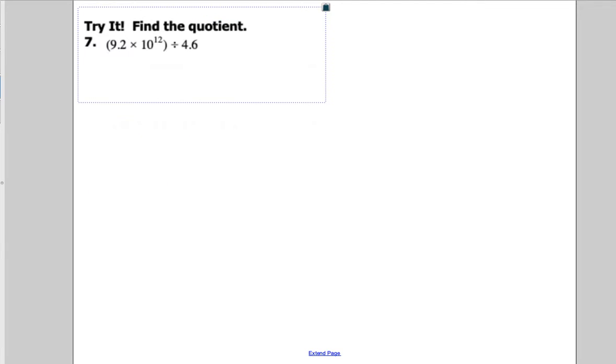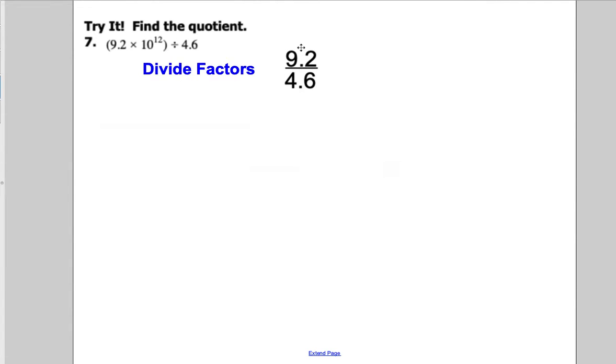Okay. Try it, number 7. I only have one power of 10 here, but I still need to do the division. I still need to divide my factors, 9.2 divided by 4.6. And guys, it's from left to right.